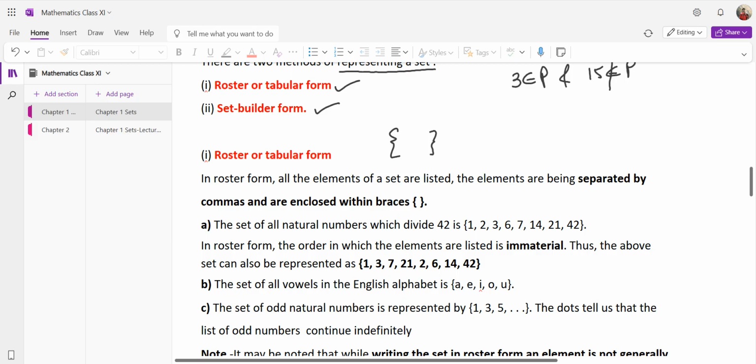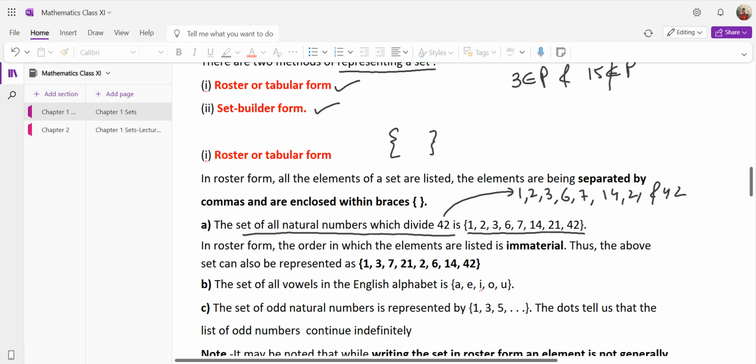For example, if we have to write the set of natural numbers which divide 42, first we find the elements which divide 42. The numbers which divide 42 are 1, 2, 3, 6, 7, 14, 21, and 42. We write the numbers within braces separated by commas.